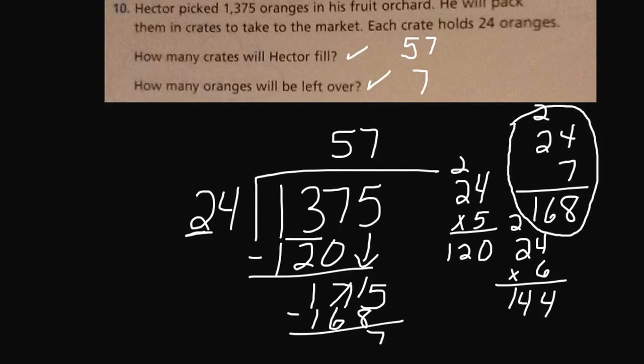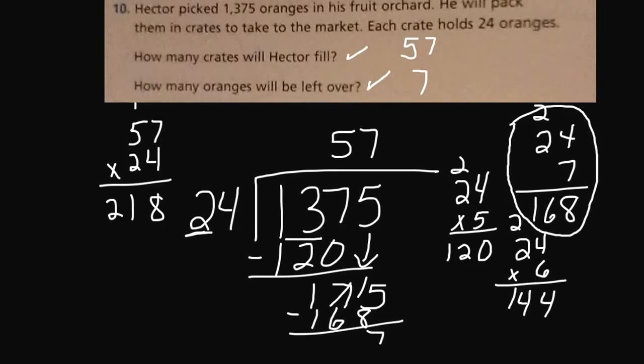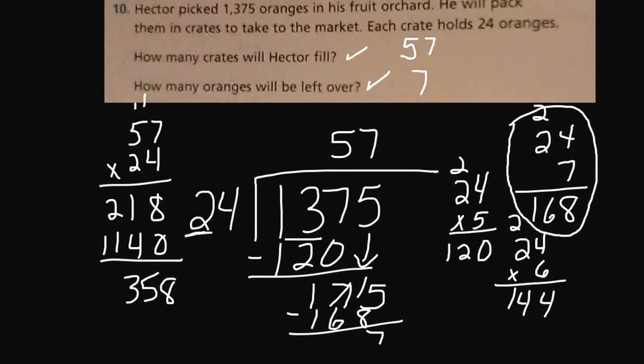So I'm going to take 57 times 24. Okay, then what I'm going to do is add my remainder.